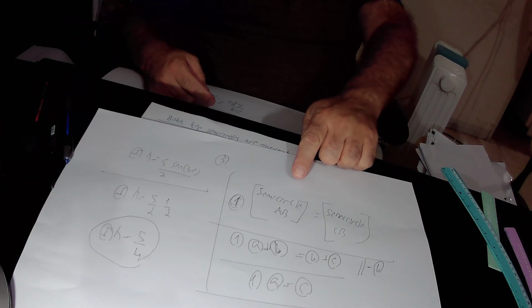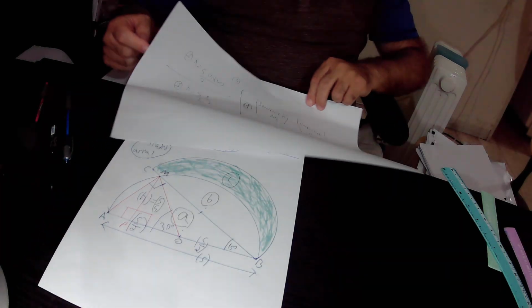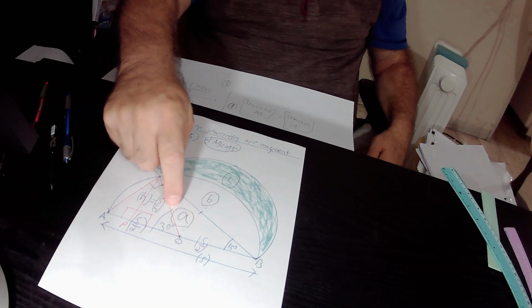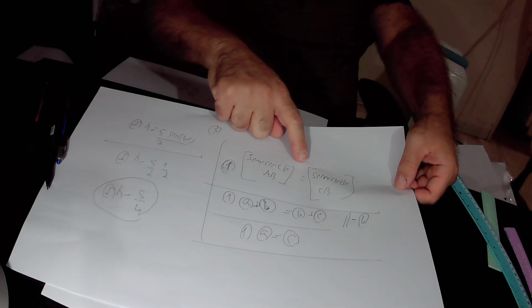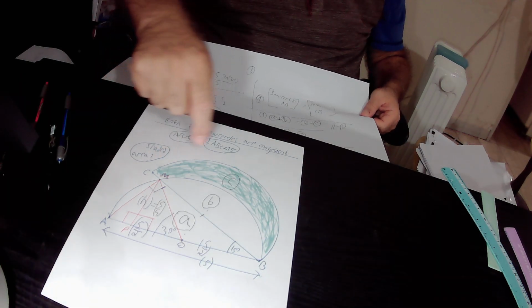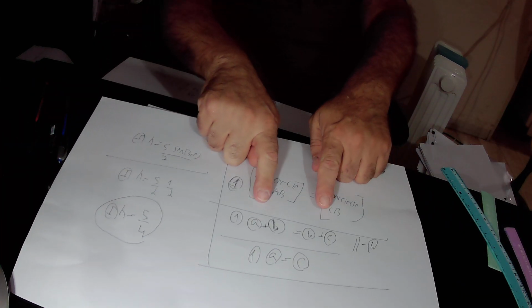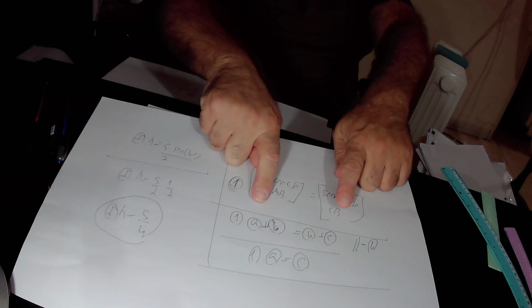The area of semicircle AB equals A plus B, and it equals the area of semicircle CB, which equals B plus C. So in total, A plus B equals B plus C. Subtracting B from this equation, we find that A equals C.